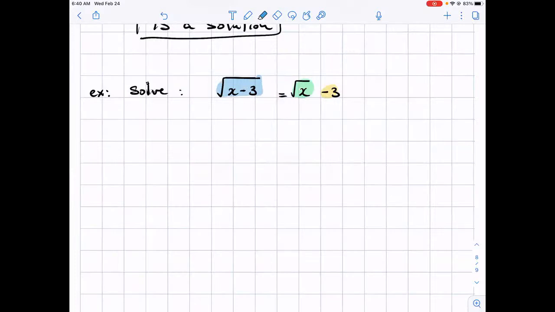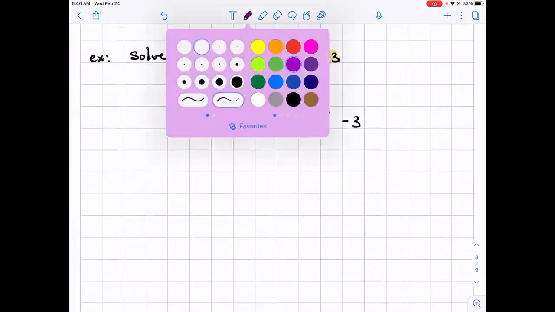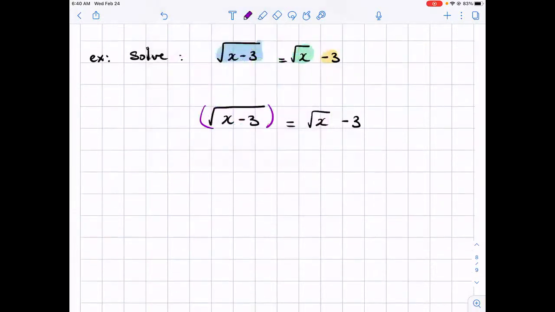So in this case, we can square the left side. So we have the square root of x minus 3 equals the square root of x and then minus 3 on the outside. So we can square both sides. Now be very careful. When you square the right side, you have to square the entire side.